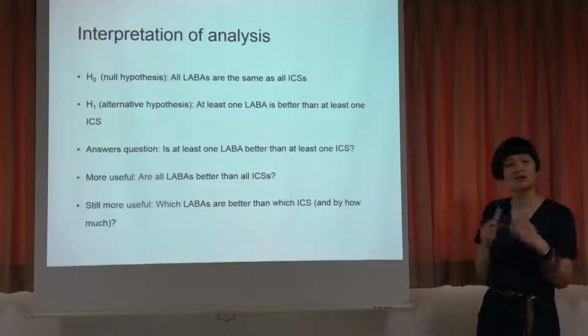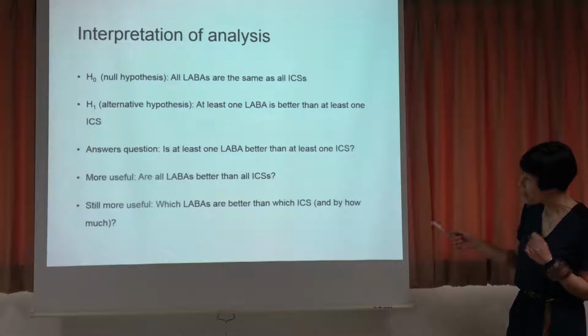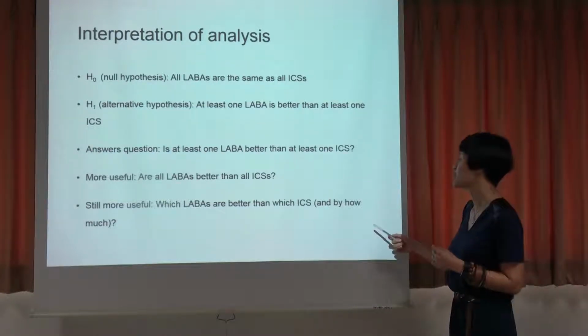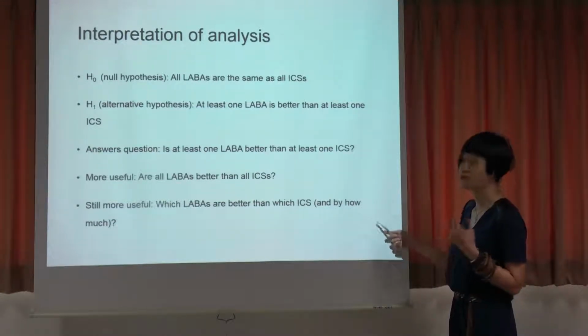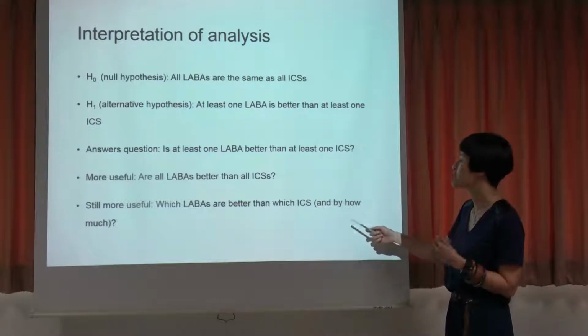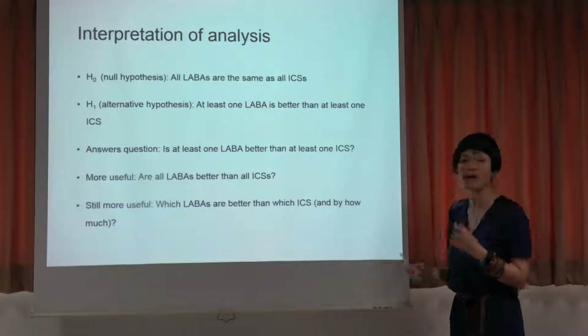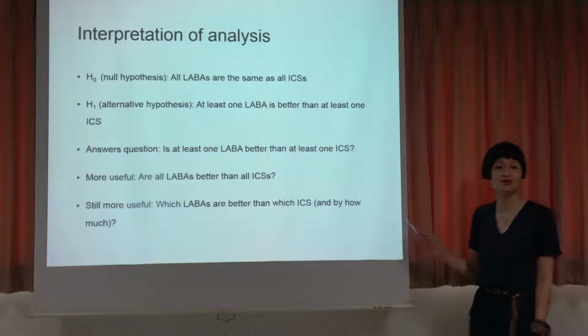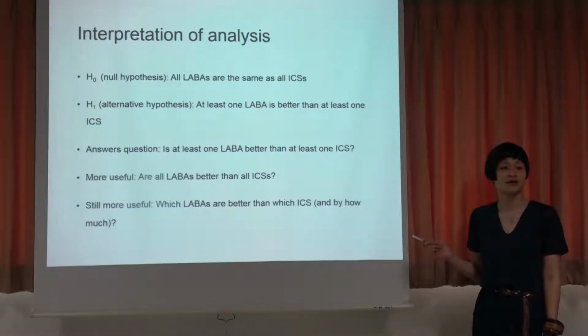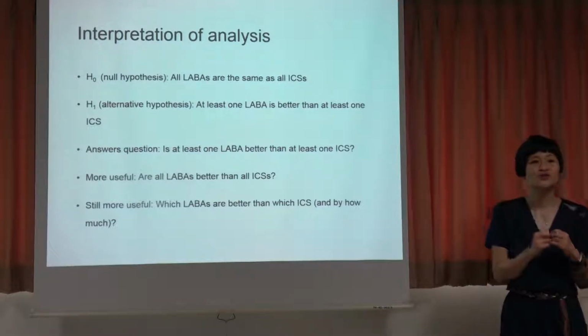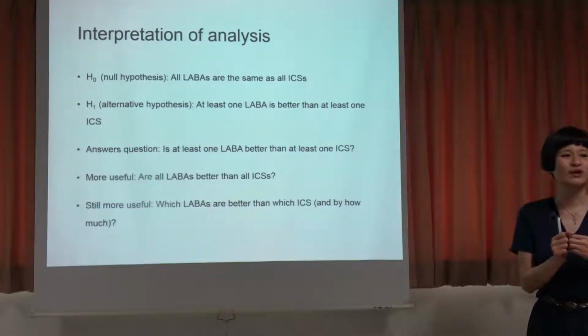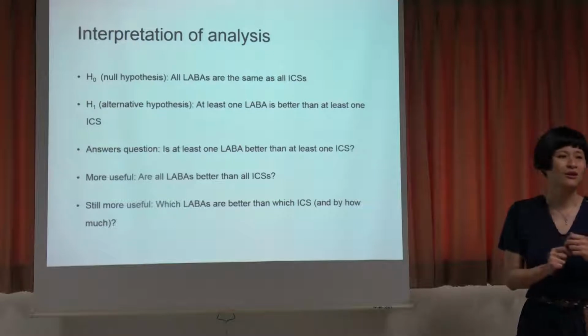So that lumped analysis doesn't actually answer that. But better still, the question that you probably want to know, and your decision maker wants to know, is which LABA is the best and which ICS compared to ICS, and by how much? This is the question that we want to answer in health technology assessment. So lumping it together doesn't really help you get to that answer.